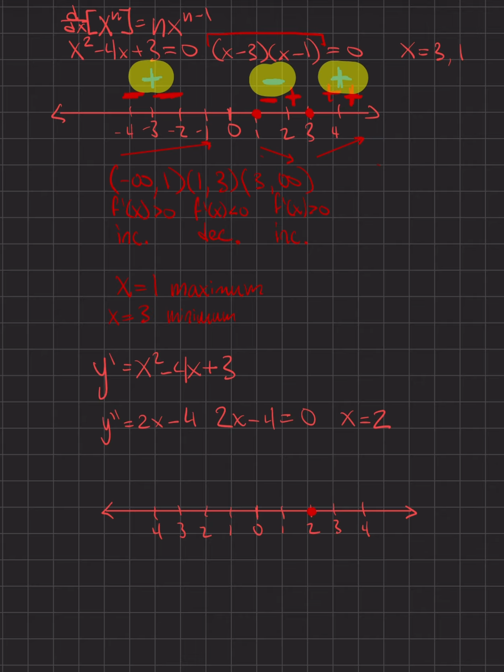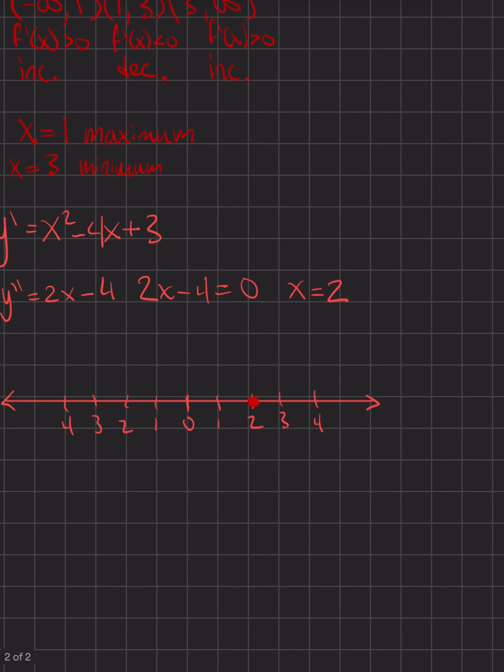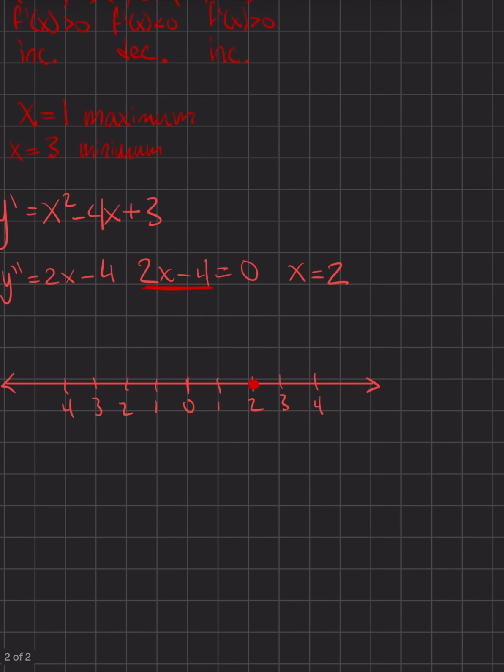But not the type of critical point where it's going to be a maximum or minimum. We'll get into that in a minute. So exactly like how we did that before, we're now going to grab our second derivative function, right? Our 2x minus 4, right? And we're going to start plugging in some x values below and above 2 to see what our sign value is. Remember, we're doing sign evaluation.